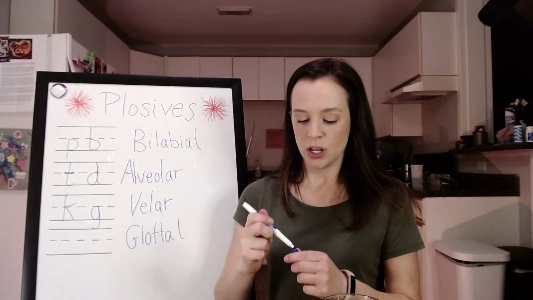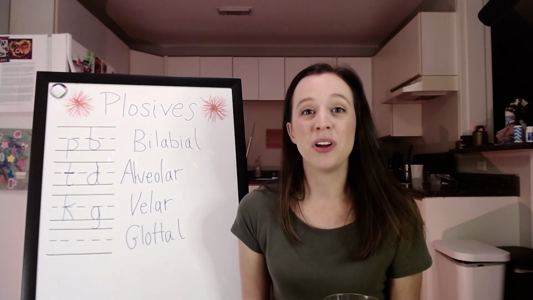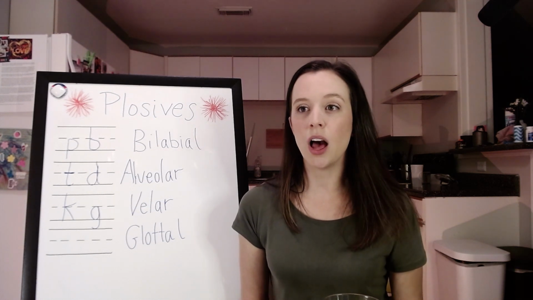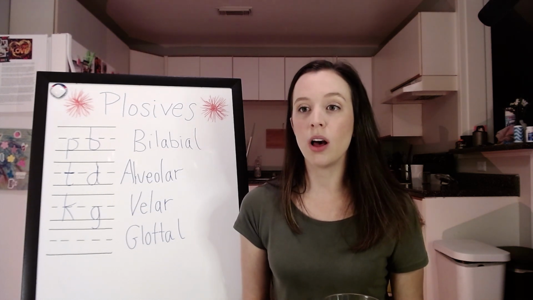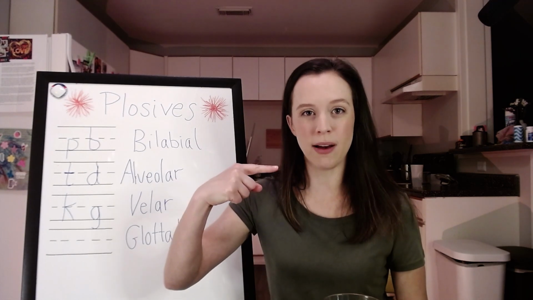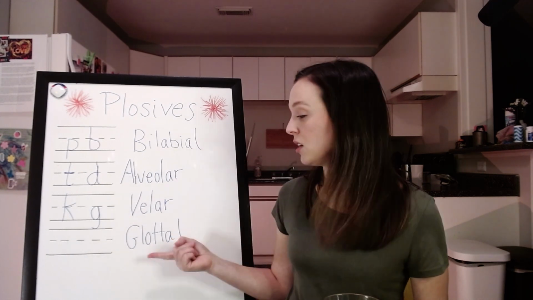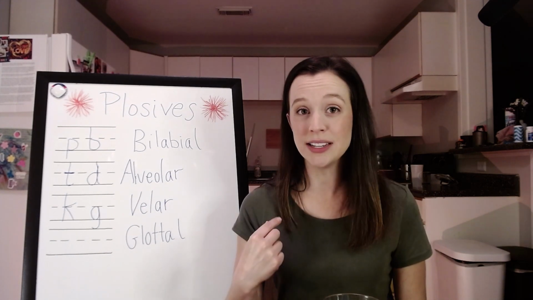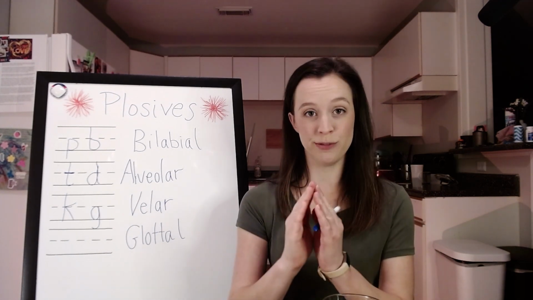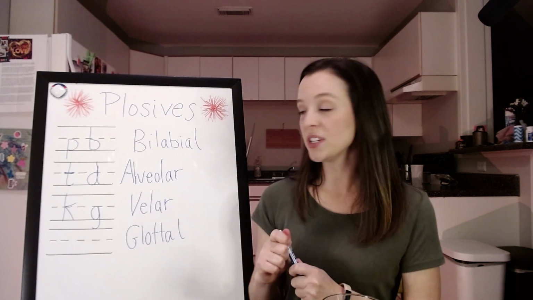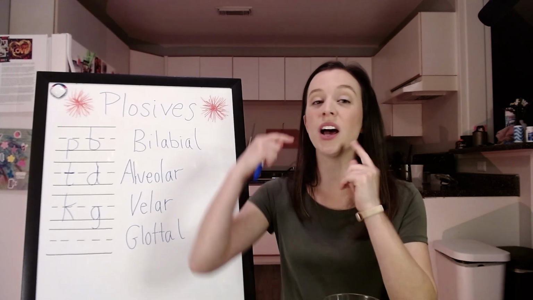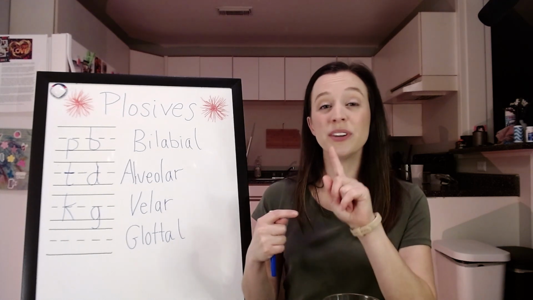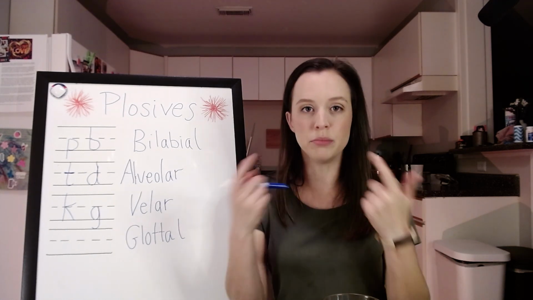Glottal. So you might be familiar with the term glottal stop. So if you could take a second and say, uh-oh, uh-oh. Do you feel that pause? That's a glottal stop. And it's made in your glottis, which is the opening between your vocal folds, just like the velar is made between your tongue and your velum, and the alveolar is made between your tongue and your alveolar ridge, and your bilabial is made between your lips.